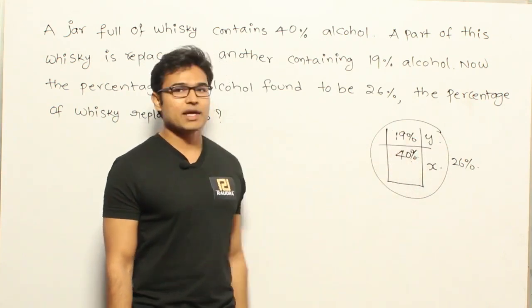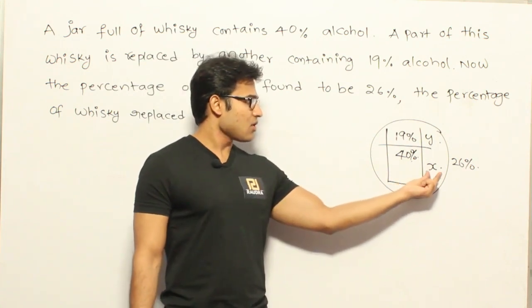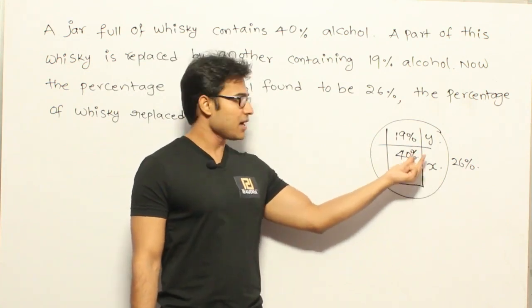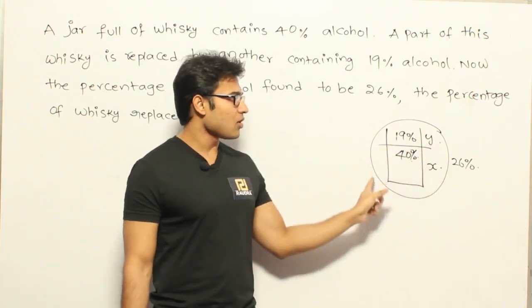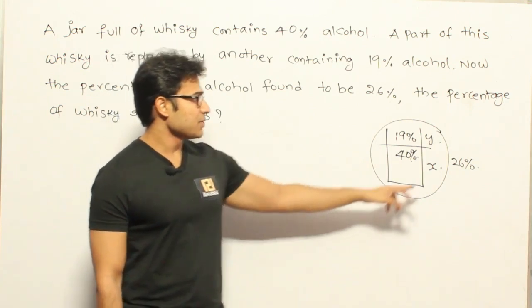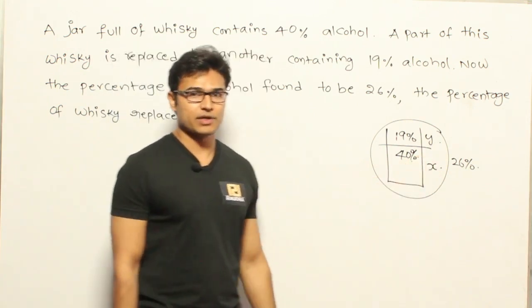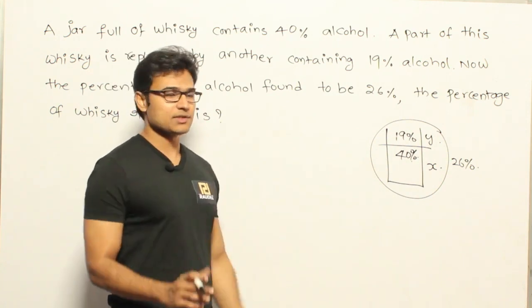Therefore you can think of it as a mixture formed from X liters of 40% whiskey and Y liters of 19% whiskey. The final mixture is going to contain 26% alcohol. Got it?